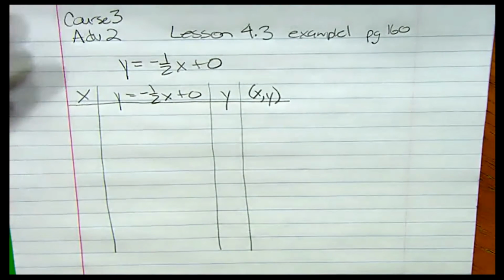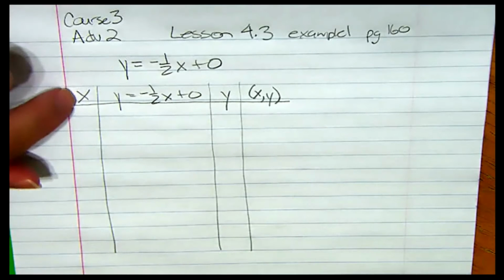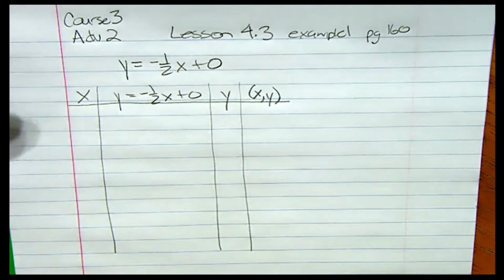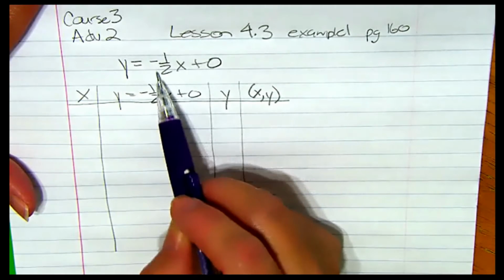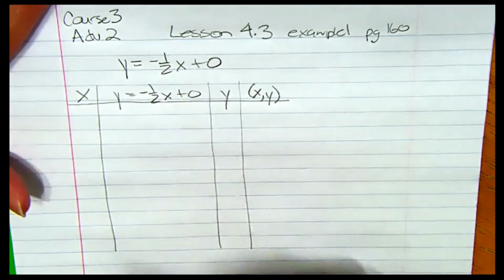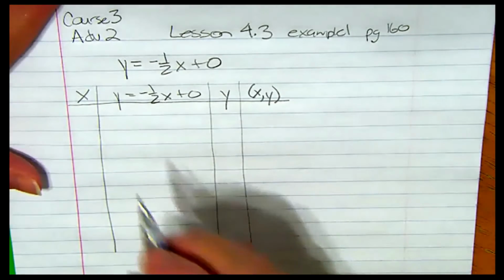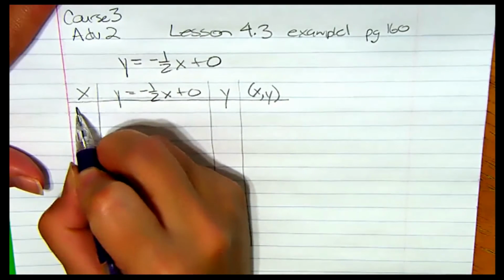So at this point, I know I get to pick my x's, and I need a negative, a 0, and a positive. Since I have a fraction and my denominator is 2, I want to use a compatible number, a multiple of 2.